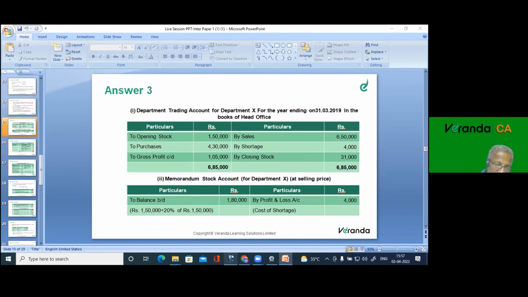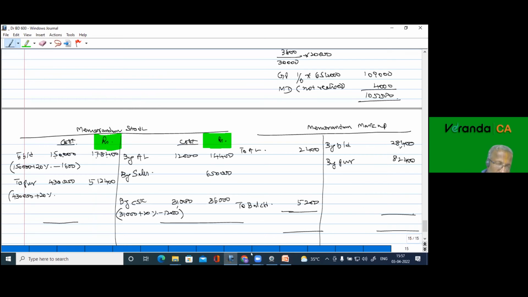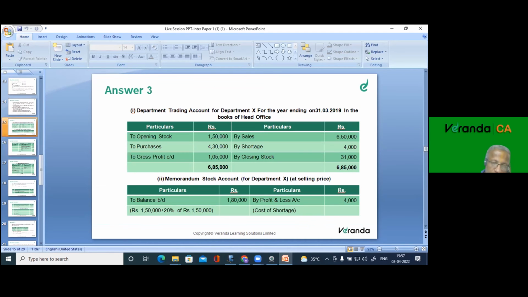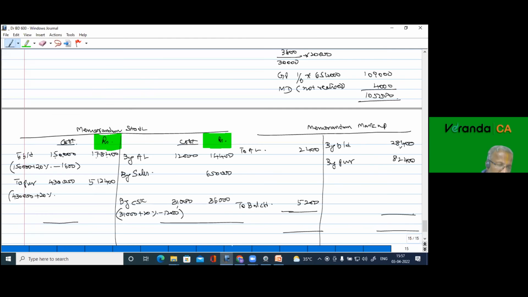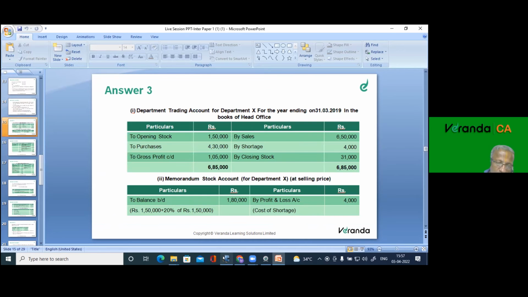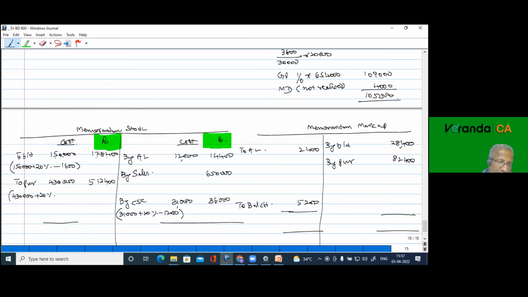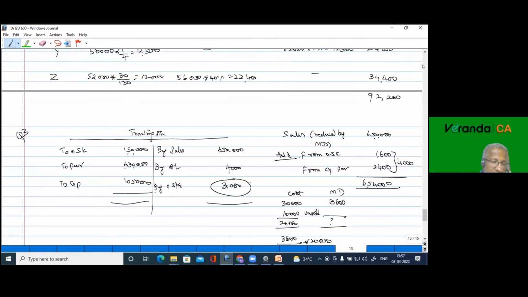Okay, profit and loss account 4,000. Cost of shortage we are not done. So I think I've just taken a wrong figure.